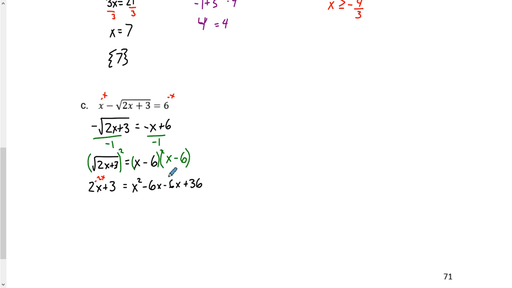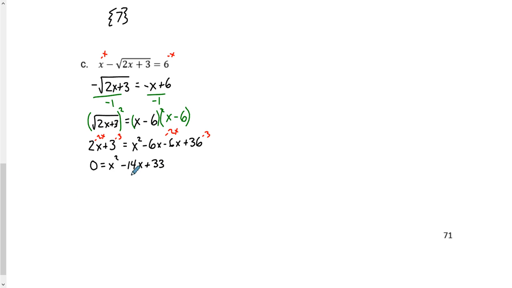So subtract the 2x, subtract the 3, and let's see, -12, -14, plus 33. So a product of 33 and a sum of -14.